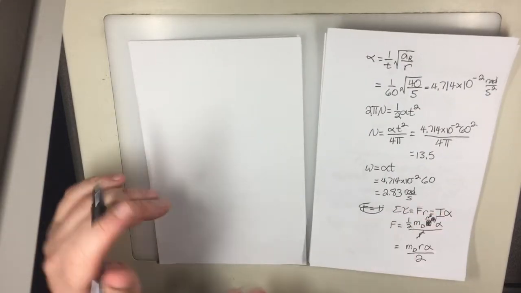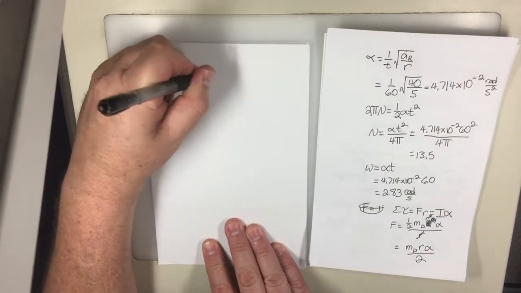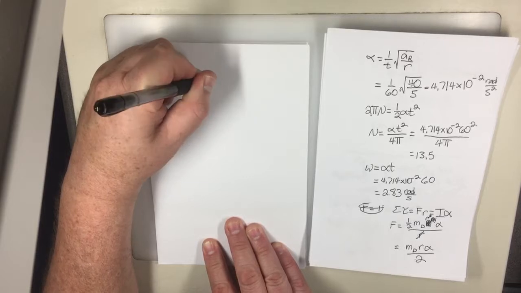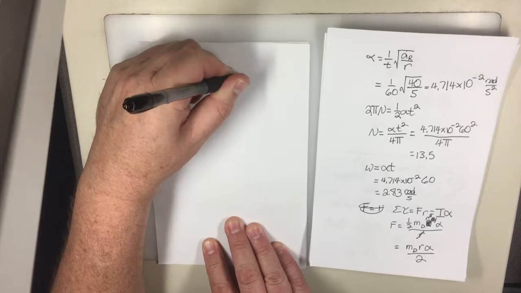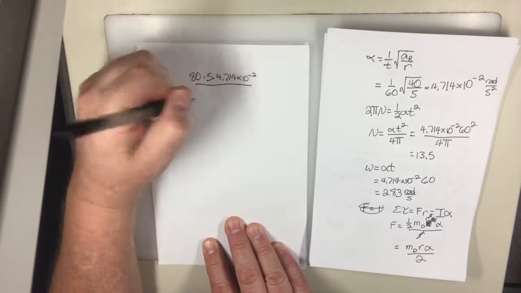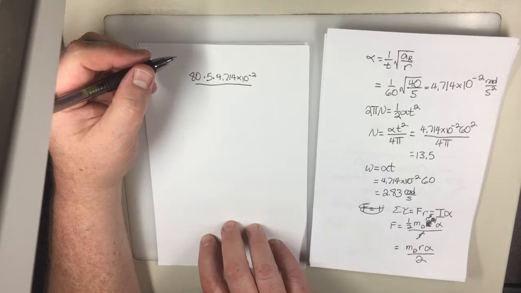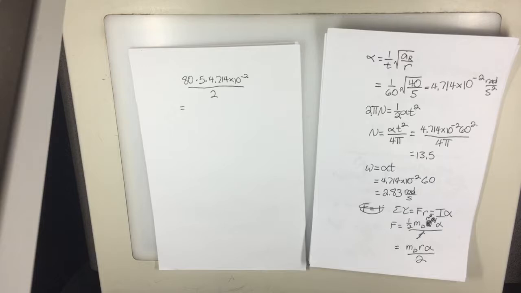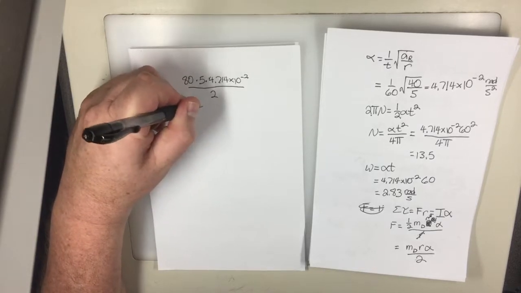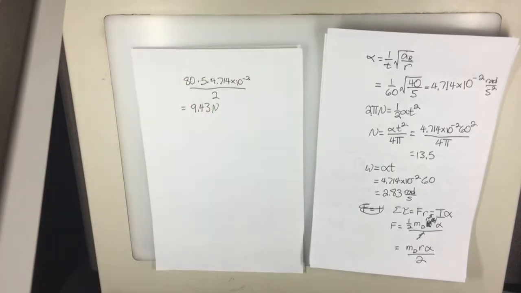So this becomes 85, 4.714 times 10 to the negative 2 over 2. 9.43 newtons.